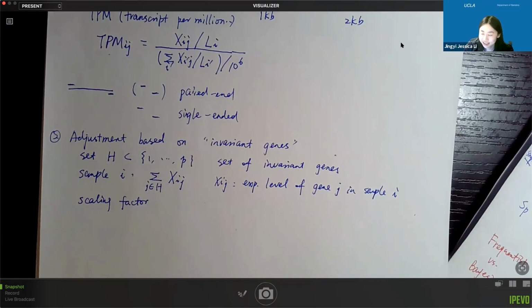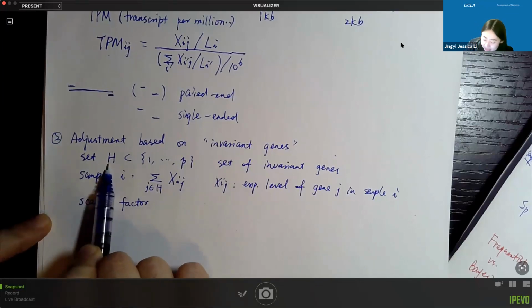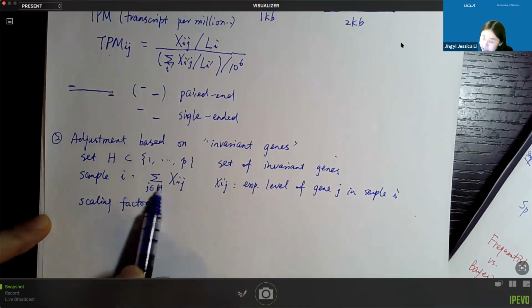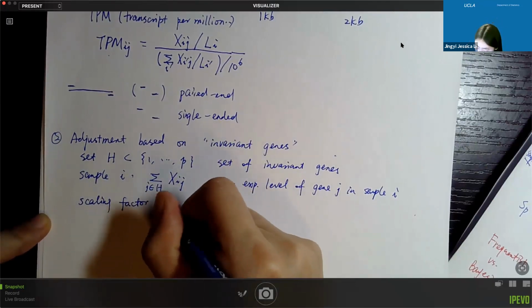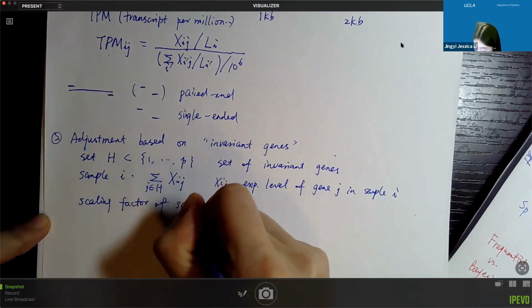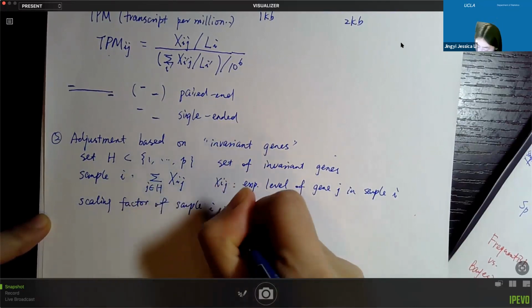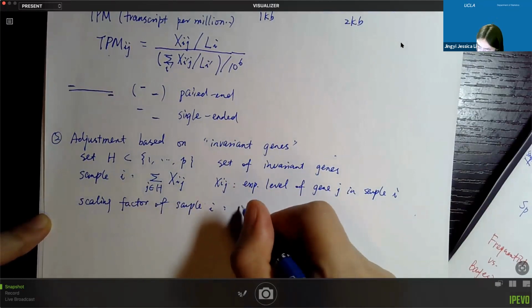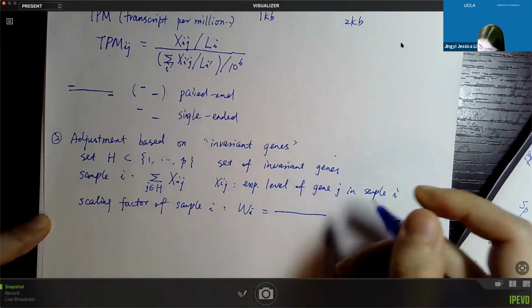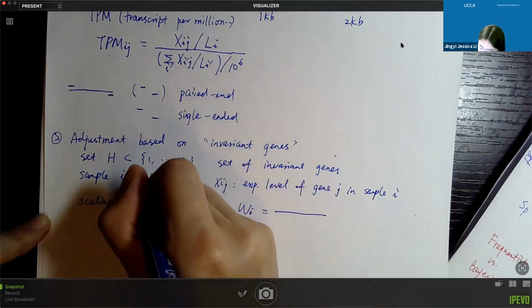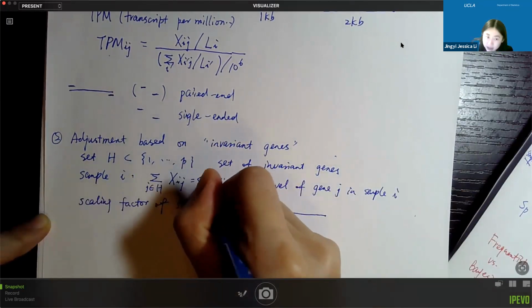Okay, so assuming that we have this set known, and given this sum, we can define a scaling factor for sample i. Let me call that Wi. I can call the total Si.